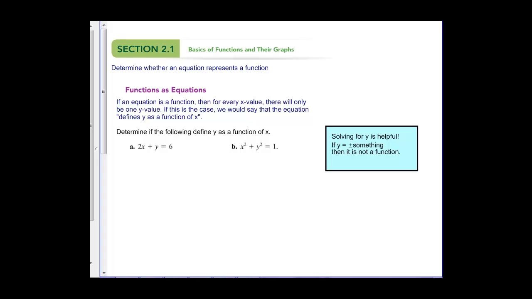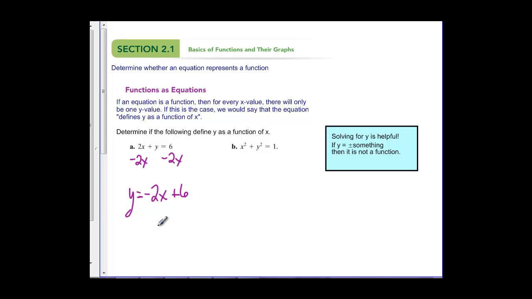I find it easier if we solve for y. So we go through and solve for y here, and we get y equals negative 2x plus 6. Can you think of any x value that would give you two y values, or more than one y value?